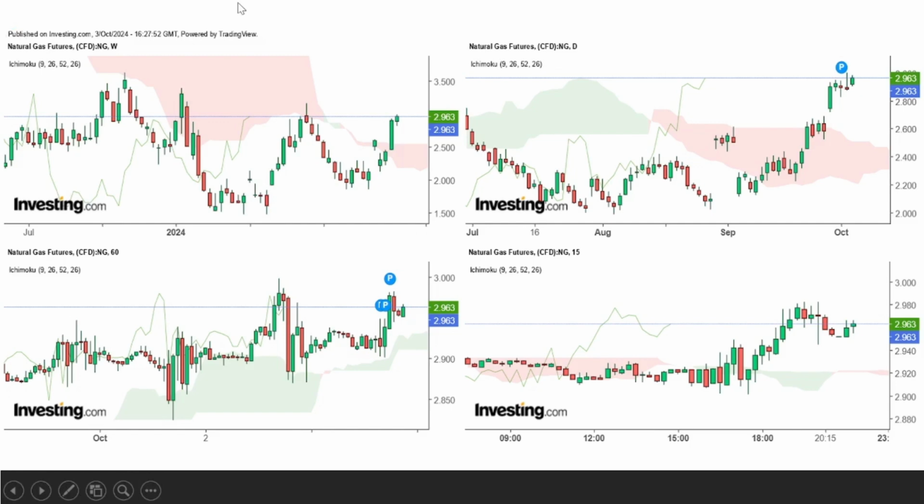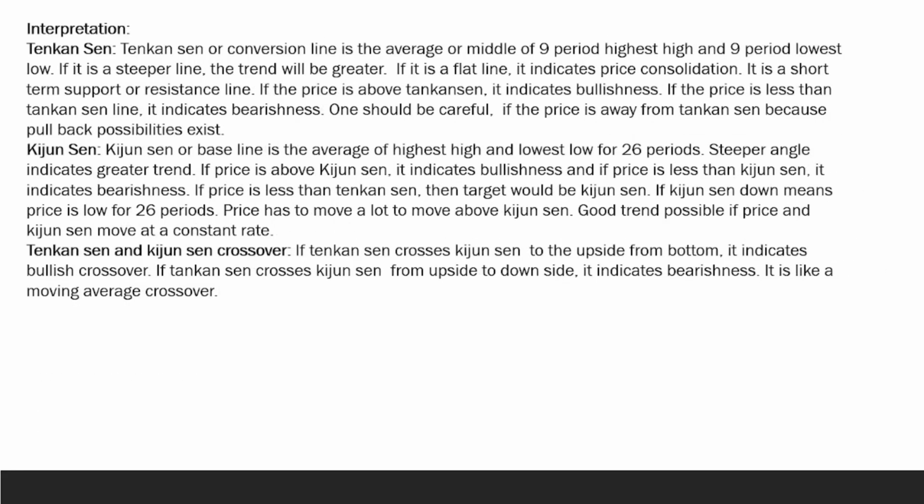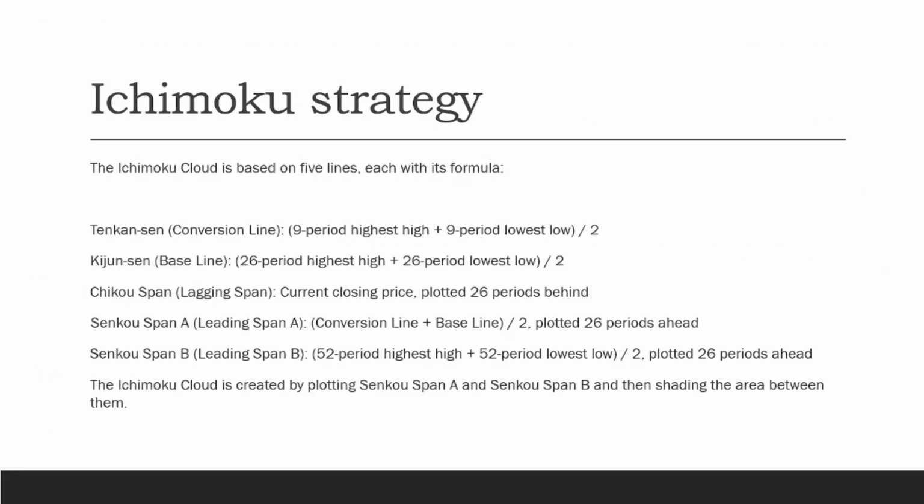Now let us go back to the Senkou Span A and Senkou Span B. The Senkou Span A, leading span A, is also an average of Tenkan Sen and Kijun Sen plotted 26 periods ahead.